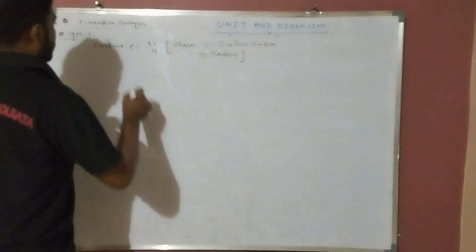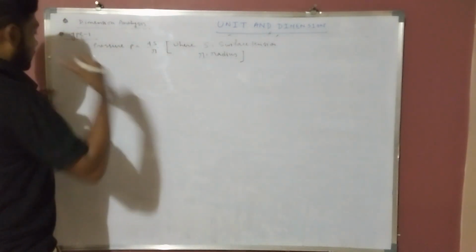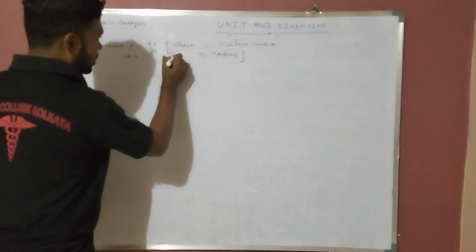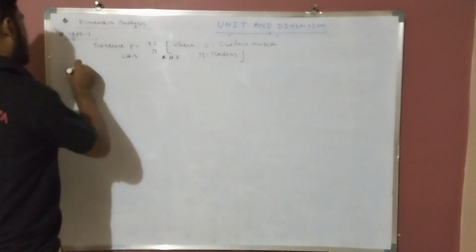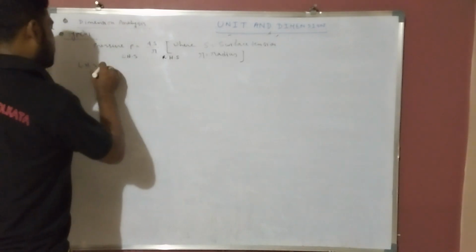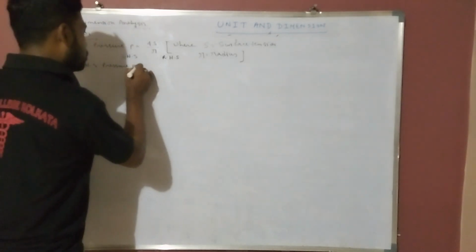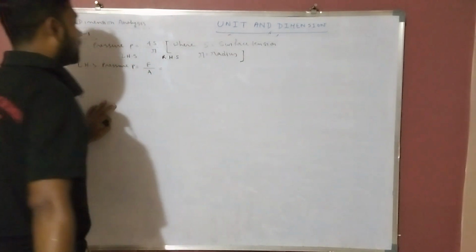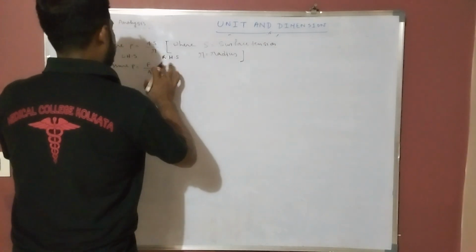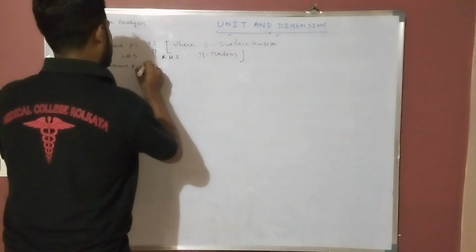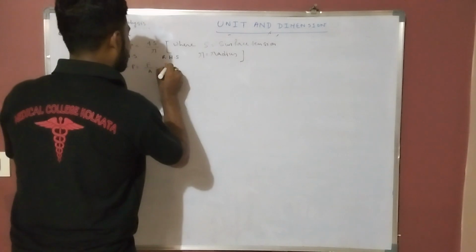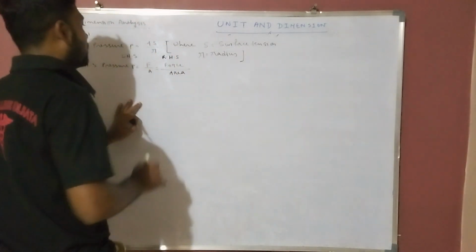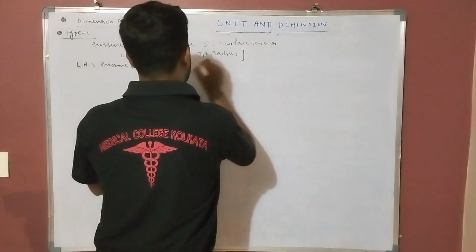So we have to see, at first, left hand side and right hand side. Left hand side, pressure P. We know pressure is equal to force by cross sectional area A. So what will be the dimension of force?